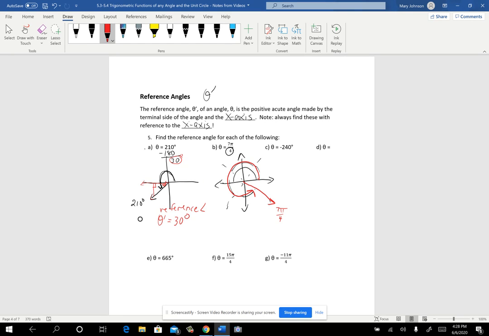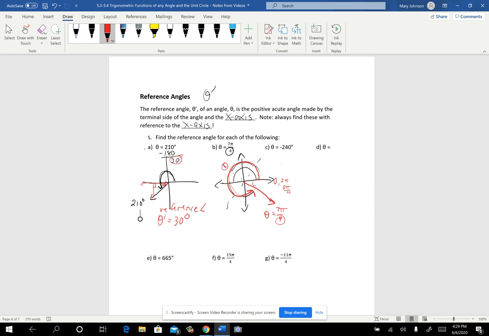Now what sometimes helps on these is that you started here at 0 radians, and 1 full revolution is 2 pi radians. Thinking about 2 pi with a denominator of 4, can you see how 2 pi would be the same as 8 pi over 4? I use that a lot when I'm trying to figure out my theta prime, because this, all the way around, the 7 pi over 4, that's your theta, okay?